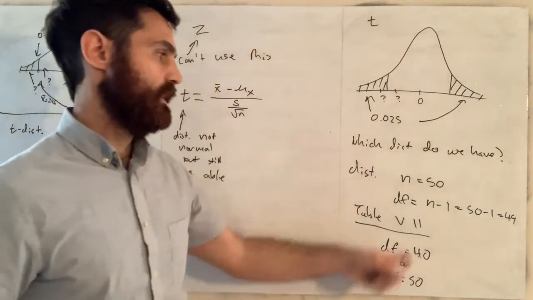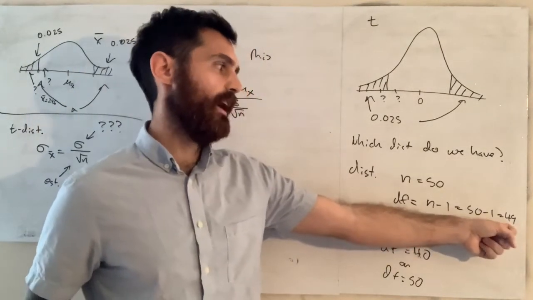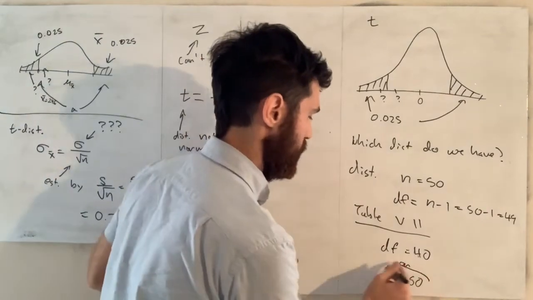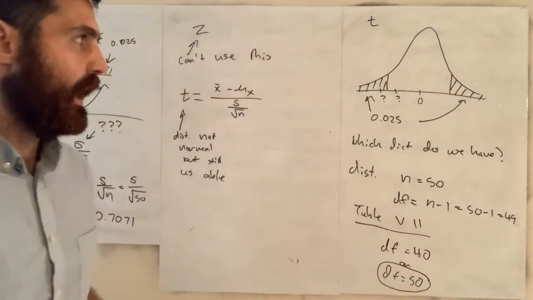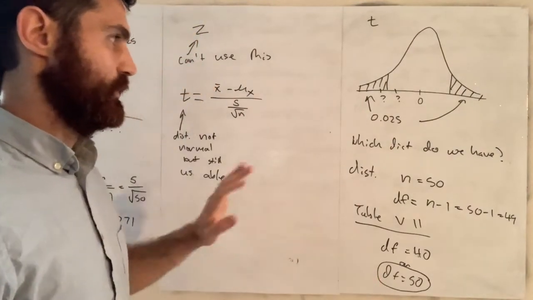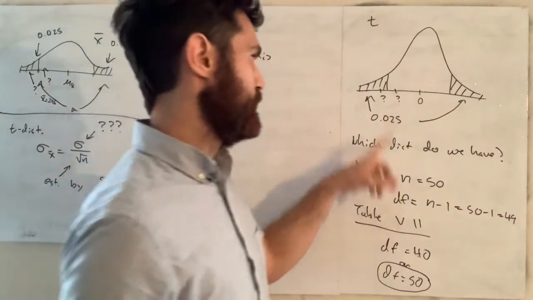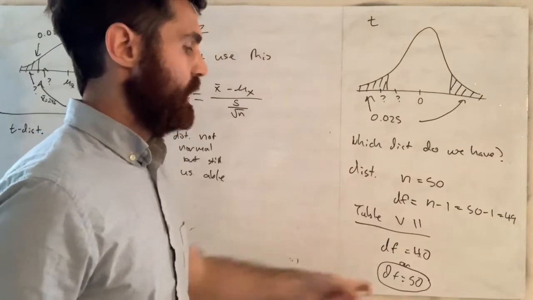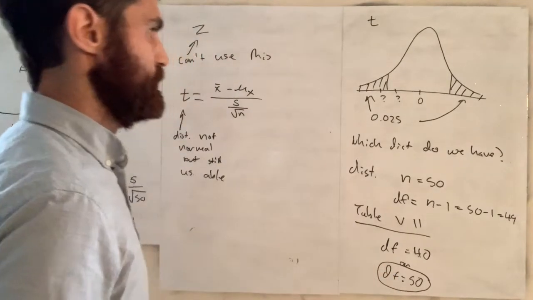And since 50 is closest to our value, we're going to choose that one. And you're going to see in this example that it makes sense to still use that. If you found the t distribution for 49, it would still give you very, very close numbers to this.